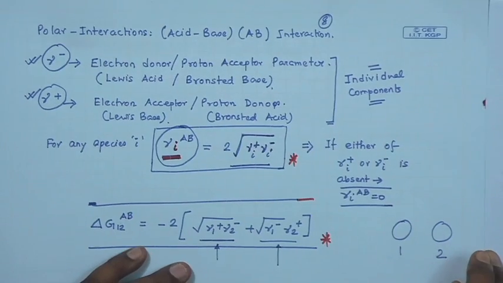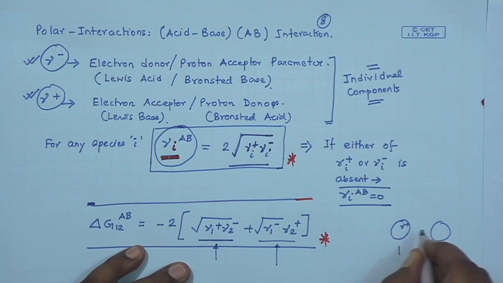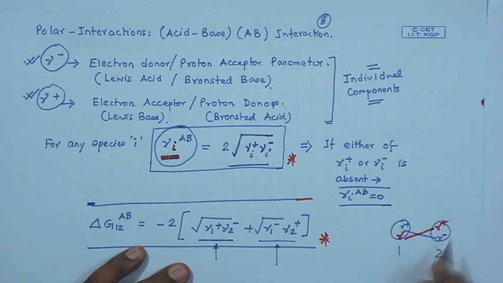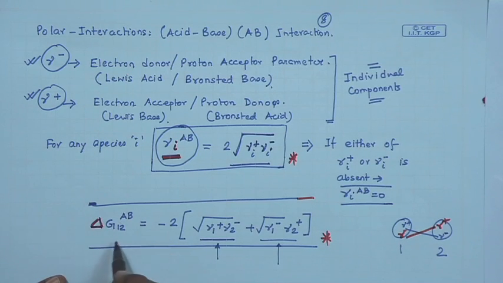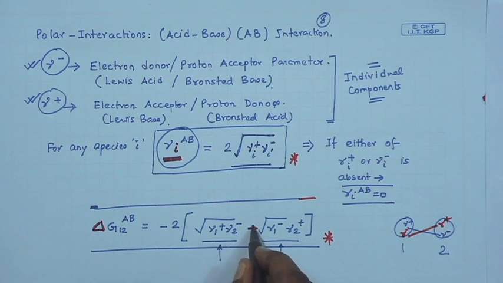If you have opposite polarity in the neighboring molecules, let us say this is 1 and this is 2, of course, the plus component of this is going to interact with the minus component of this, leading to attraction, and similarly the minus component of this is going to attract or interact with the plus component of 2, and that is exactly what you see, because this delta G 12 also corresponds to when they come in contact, and it is an additive addition of the two cross interactions.